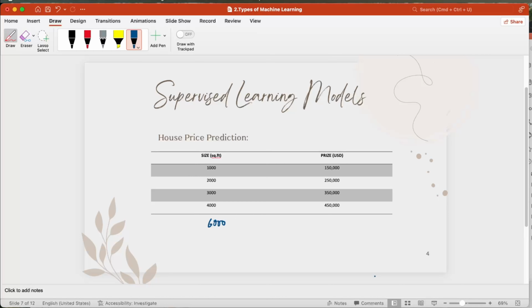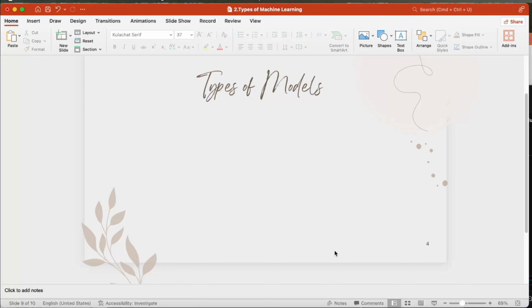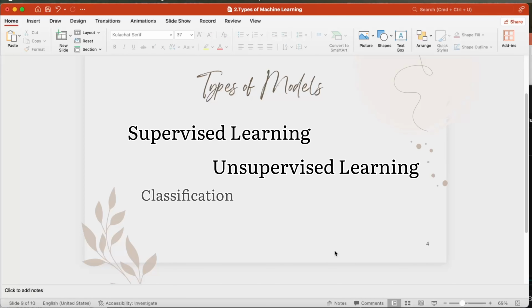It would say something around 650k USD, or 750k USD, based on the relationship it learned between house size and price. Once the model is trained on this data, it can generalize and predict the price of new houses it has never seen before. So to summarize, we have learned what supervised learning, unsupervised learning, classification and regression are, with examples.